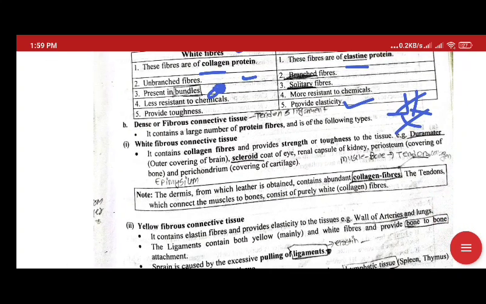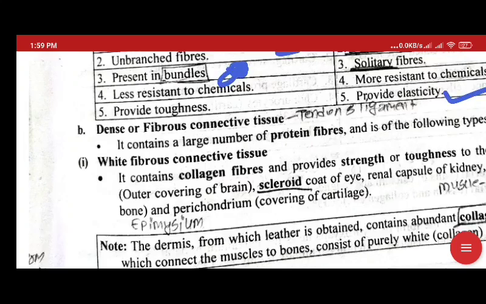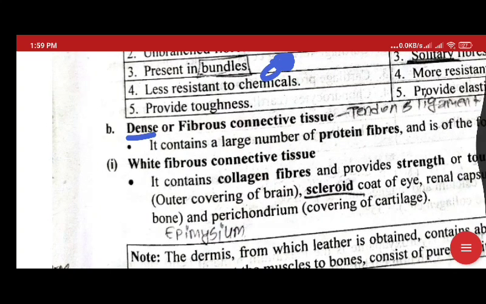And now here we have dense. We have left adipose, which we should read on another page. Here is dense. We have already discussed that in dense connective tissue we have ligament and tendon.